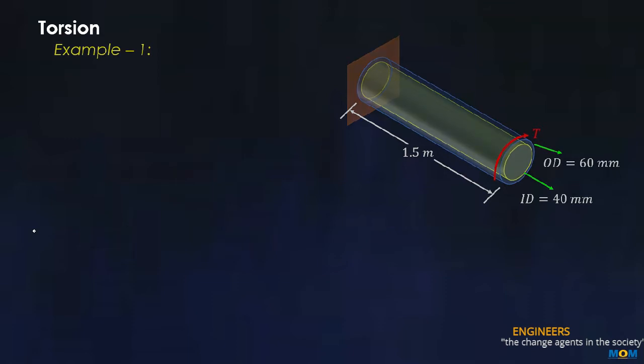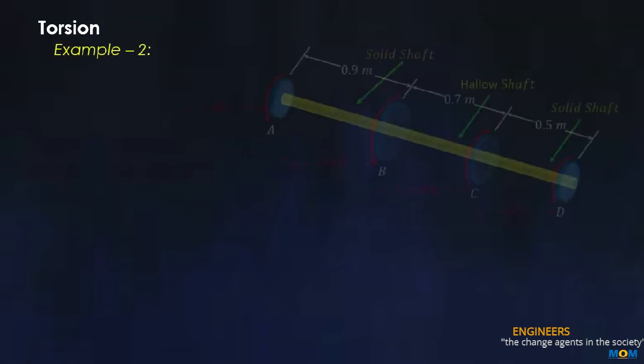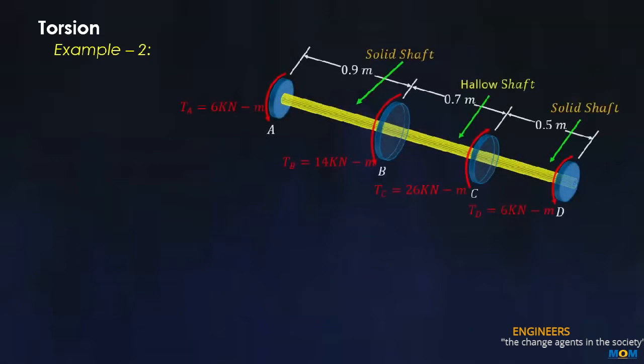Now let's see another problem. In this we have multiple shafts. We have two solid shafts, in between we are having a hollow shaft, and the inner diameter of hollow shaft BC is known.